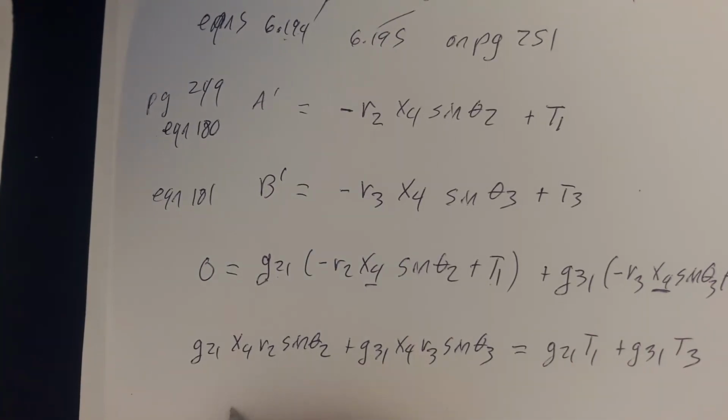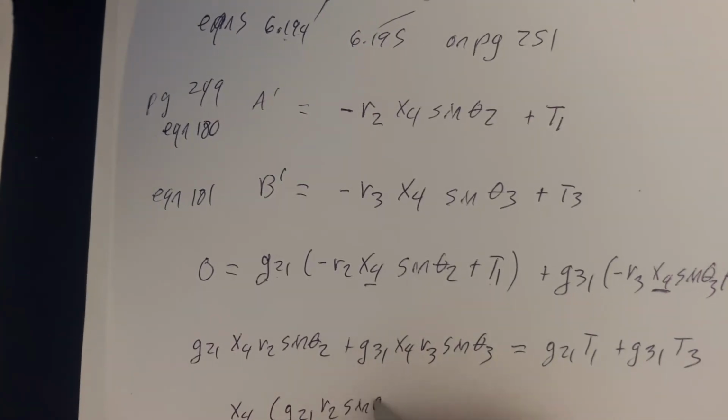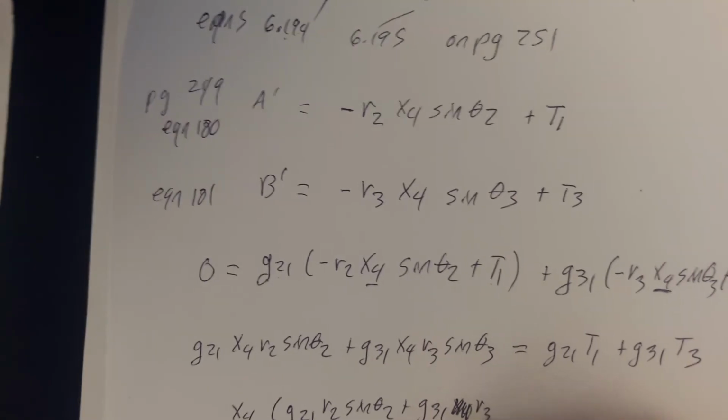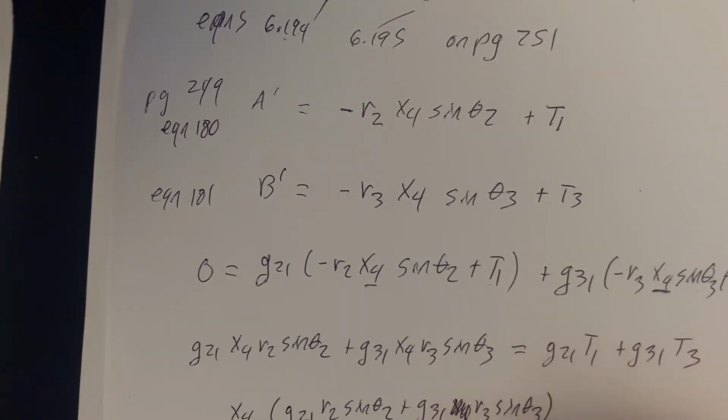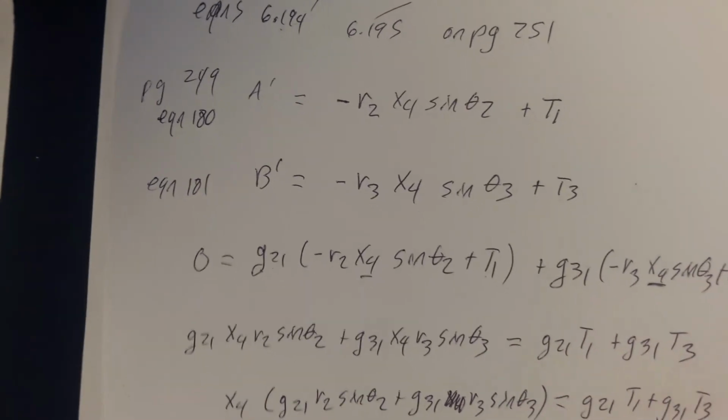And so I'll have x4 times G21 R2 sine theta 2 plus G31 R3 sine theta 3 is equal to G21 T1 plus G31 T3.